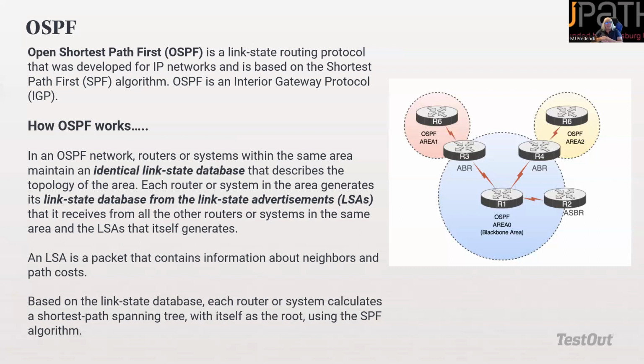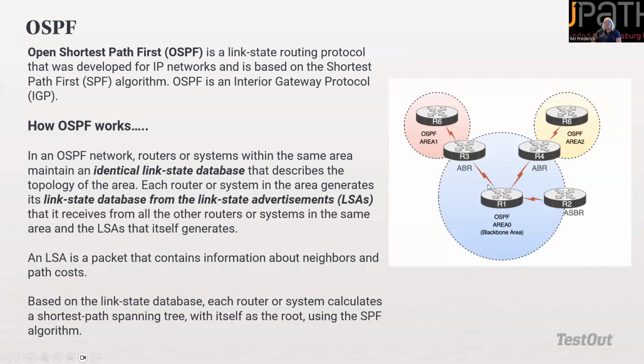So the LSA is a packet that contains information about the neighbors and the path costs. Based on the link state database, each router or system calculates the shortest path spanning tree with itself as the root using the SPF algorithm, meaning the shortest path first algorithm.